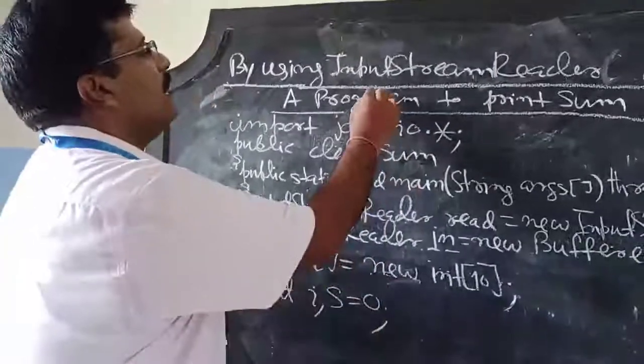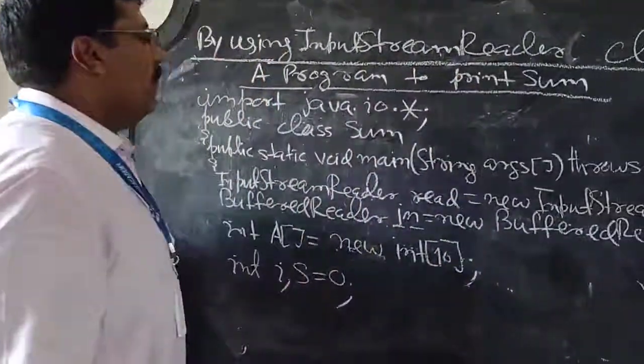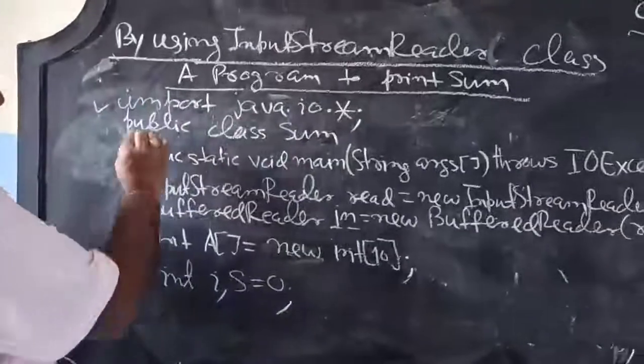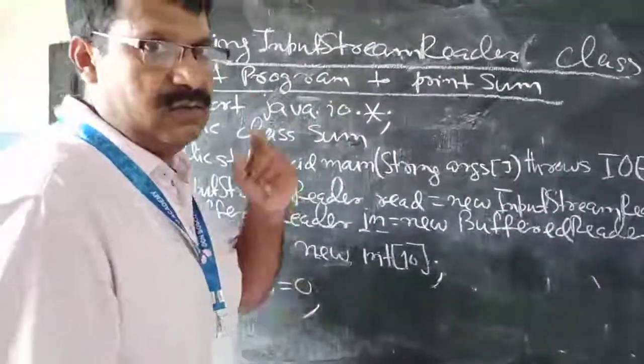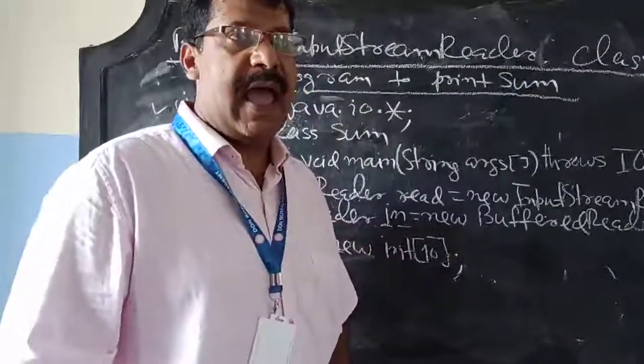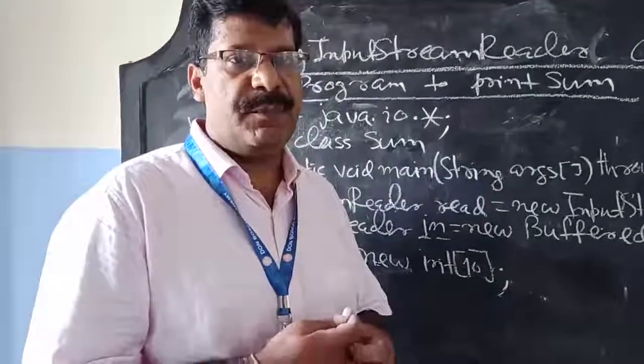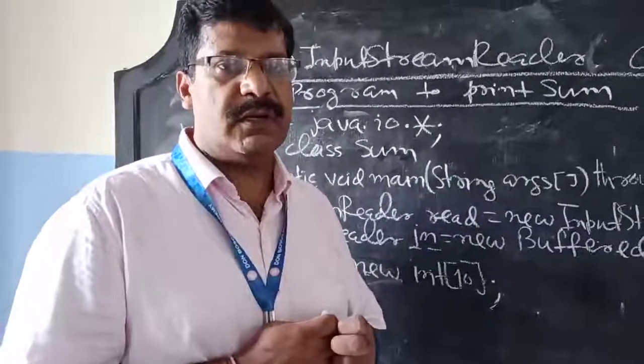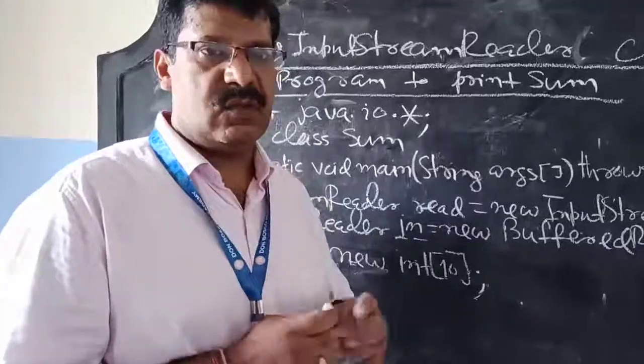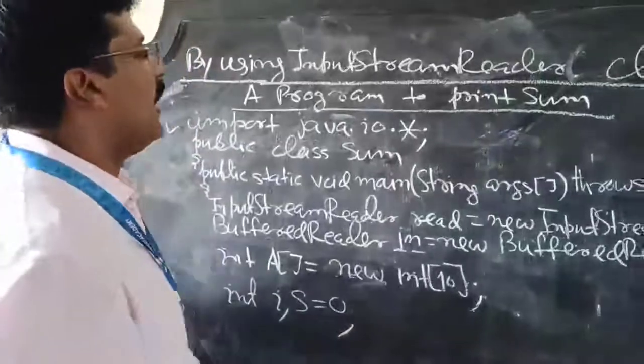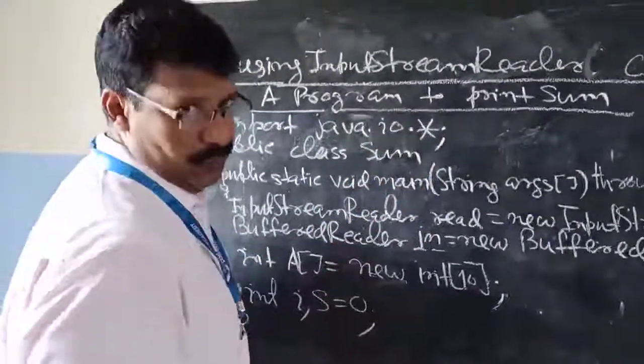So to use the InputStreamReader class, we have to import the java.io package. Which package? The java.io package. As in the Scanner class, we import the java.util package. So here we will do java.io. IO for input output.